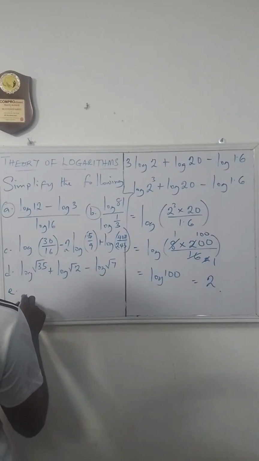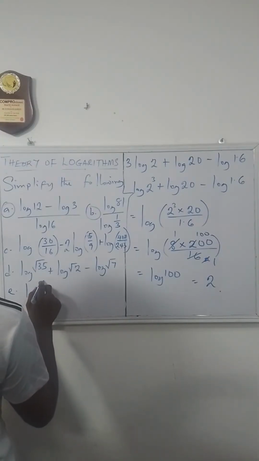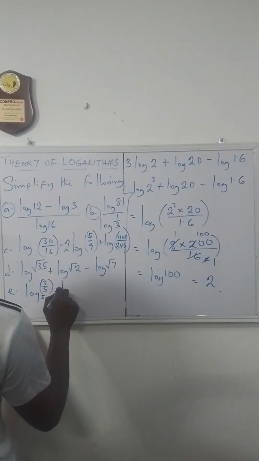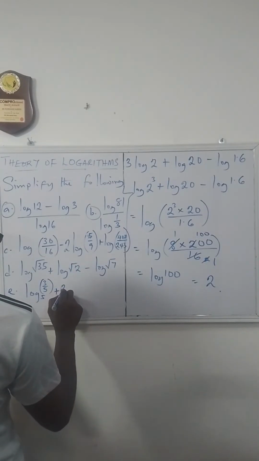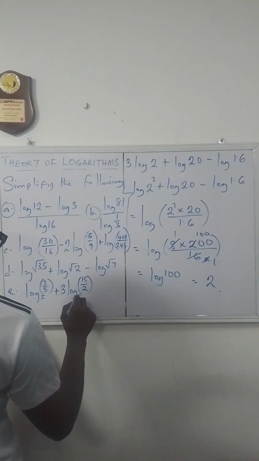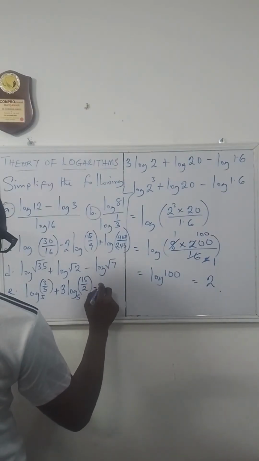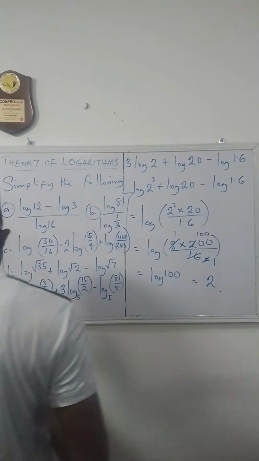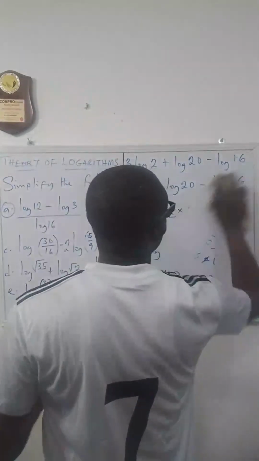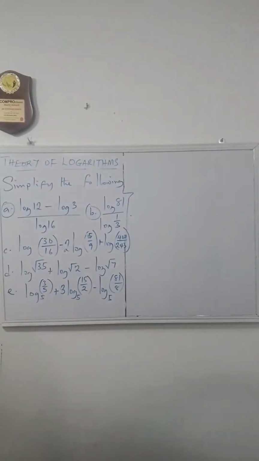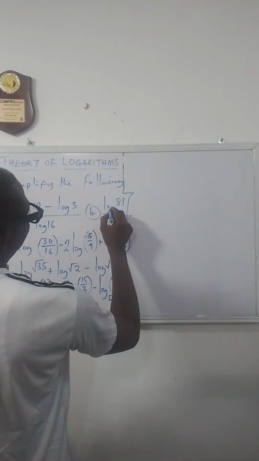E: we have log of 3 over 5 base 5 plus 3 log 15 over 2 base 5 minus log 81 over 8 base 5. All right, so these are the questions. They are all logarithmic expressions. So we'll find a way of simplifying them.